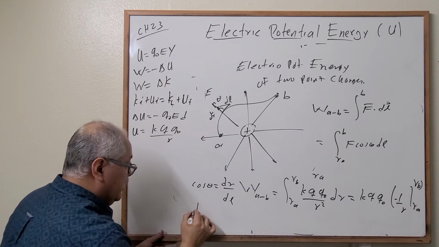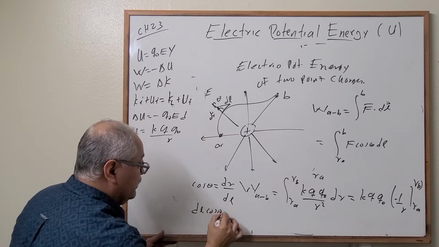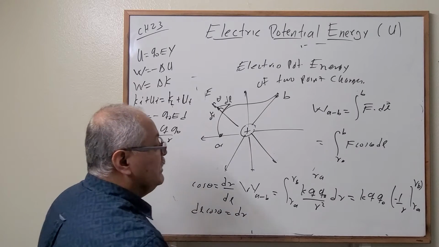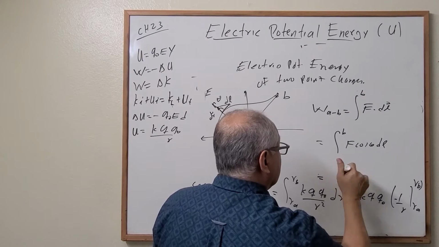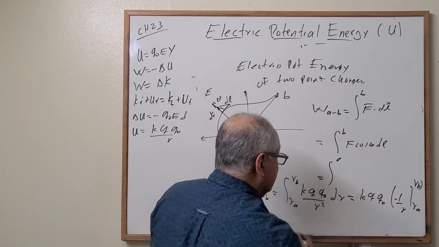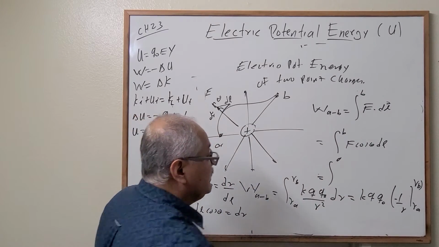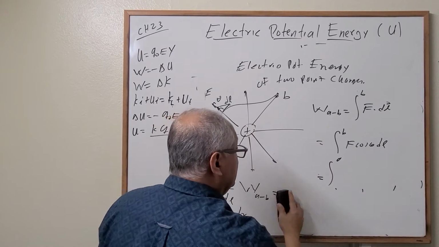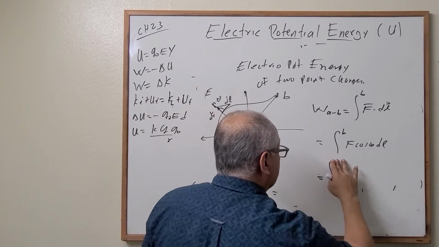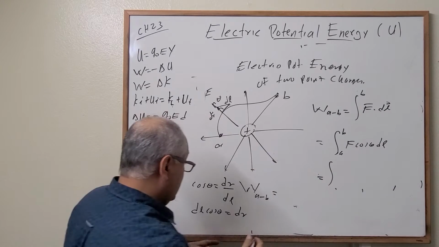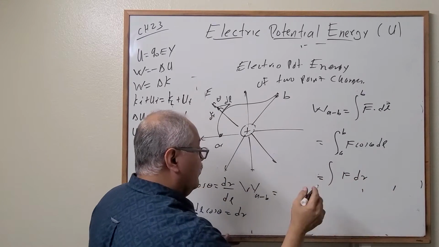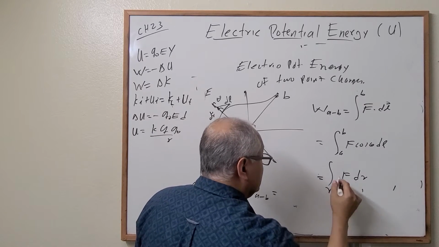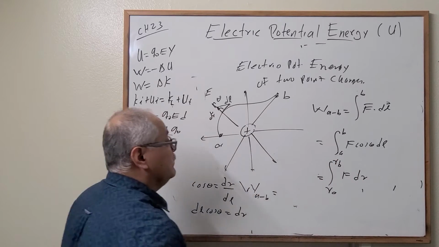From here, dl cosine theta is equal to dr. So this is equal to the integral from A to B of this quantity F dr, from this position to that position.